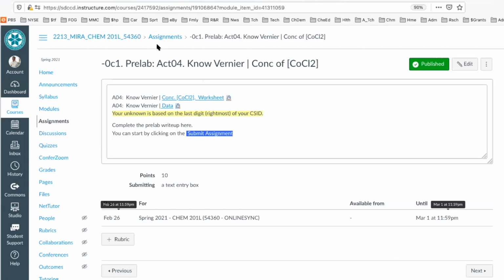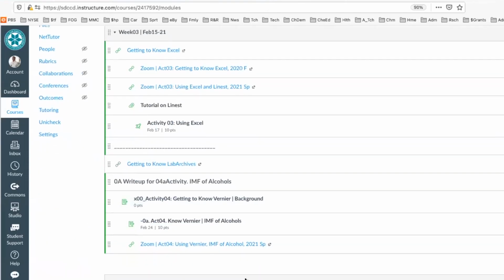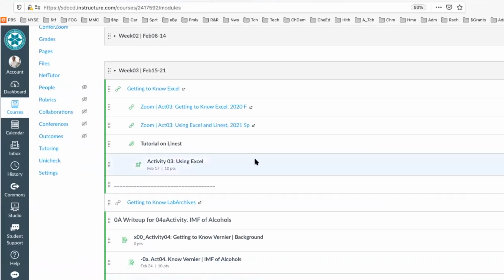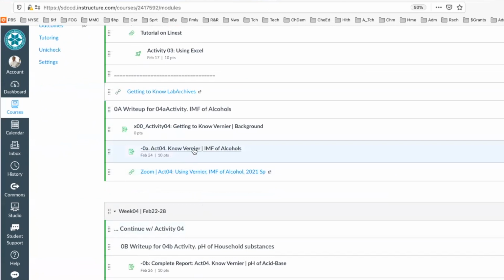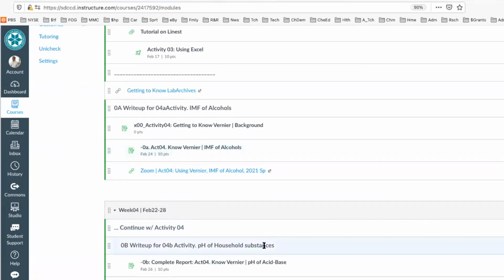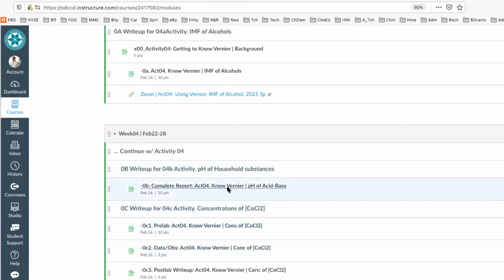Now, let me just mention before we all leave that you write in one space the report for intermolecular forces of alcohol. You write in one space the pH of acid base, but you write in 3 spaces in its different parts, just like you would do a different experiment. The 3 sections of cobalt chloride, the PreLab would be here.